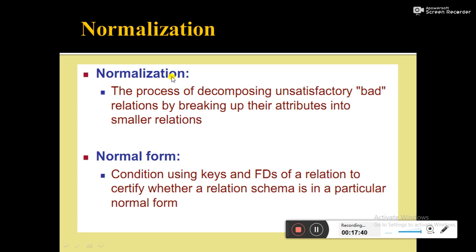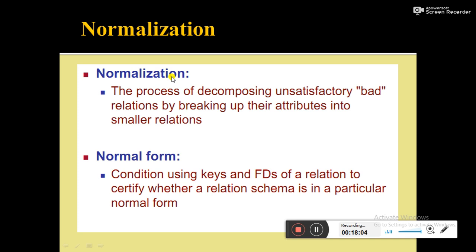Now, the objective of normalization is that, first, it helps us to reduce the data redundancy which appears in a database. Second, it helps us to reduce different kinds of anomalies present in the database.